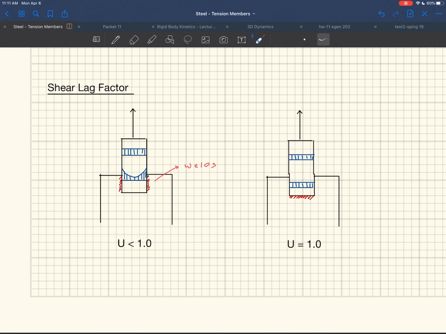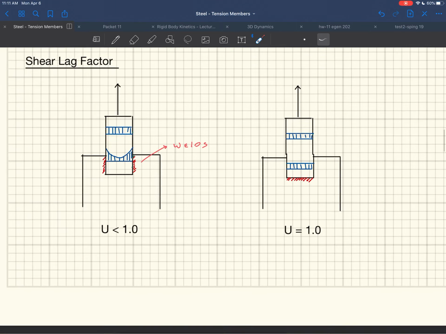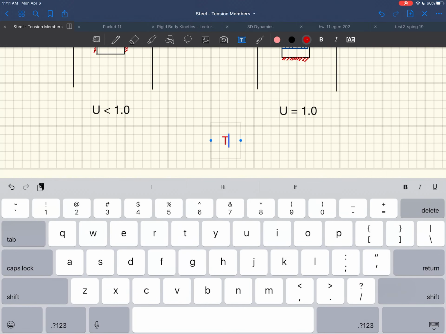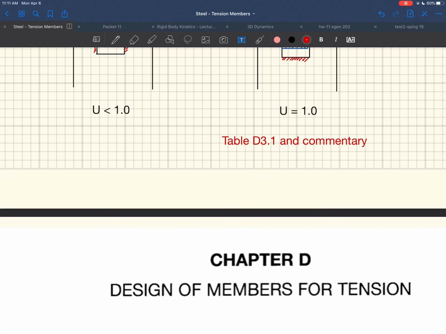Okay, so sure, one is less than 1 and this one's equal to 1, but where do I actually find and calculate what this U actually is? Well, you do that in Table D3.1 and commentary.